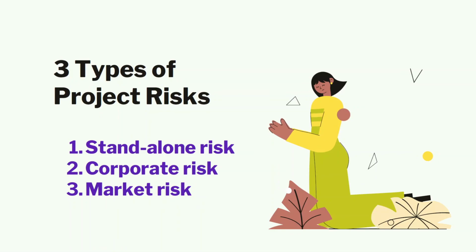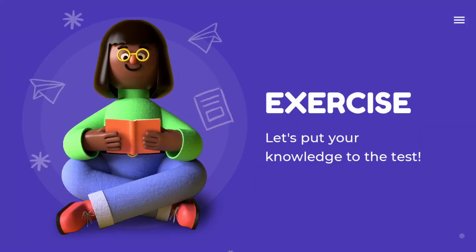In this lecture, we only look at the project risk, or standalone risk. If we look at the portfolio of investment projects for the company, then we have to consider corporate risk. Market risk is when we consider risk from the overall economy or the overall industry. And that's it for the lecture.